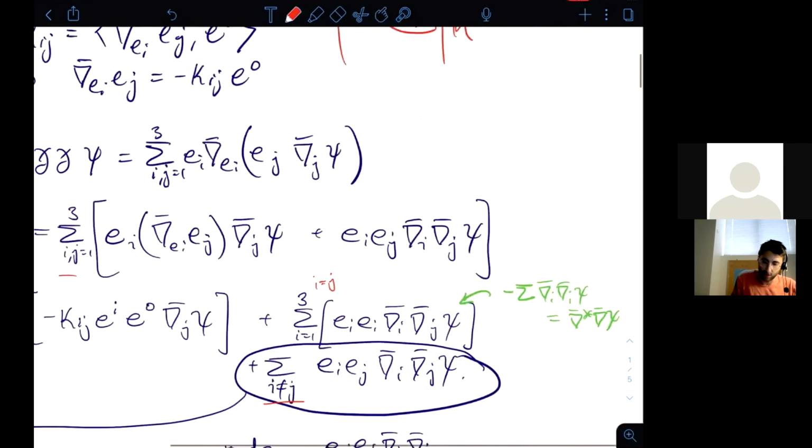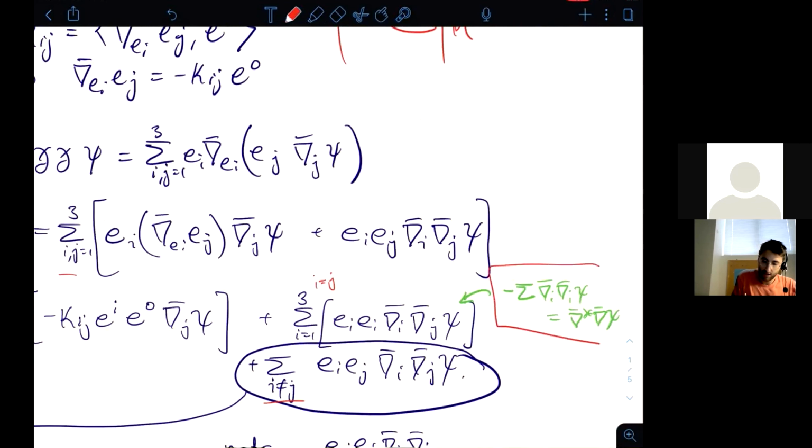Now, as I've indicated over here, when i is equal to j, sorry, there's a little typo there. This should be an i. Well, e_i acting on e_i, acting on a spinor, is the same as acting by -1, since e_i is tangential and e_i squared is -1 under Clifford multiplication.